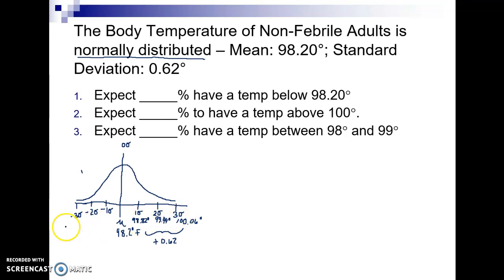On the other half of the normal curve, these are all below the mean. So in order to figure them out, I would subtract the standard deviation. So I'll start here with 98.2 again in the middle. This time I'll subtract 0.62, and so I get a temperature of 97.58.